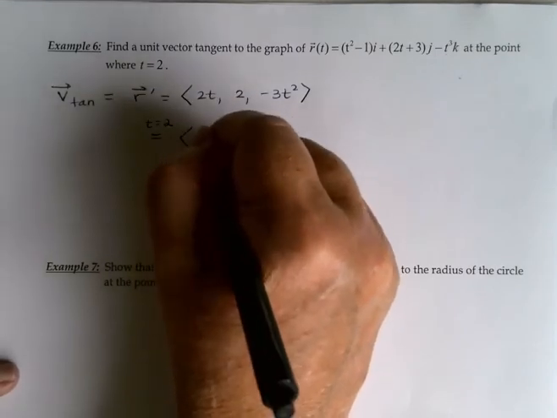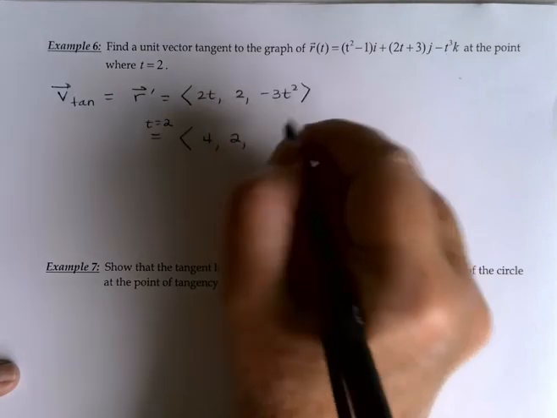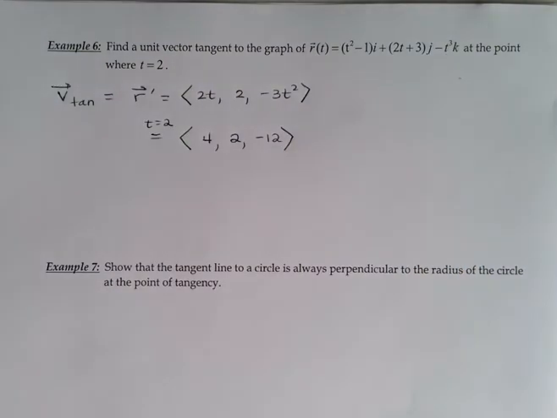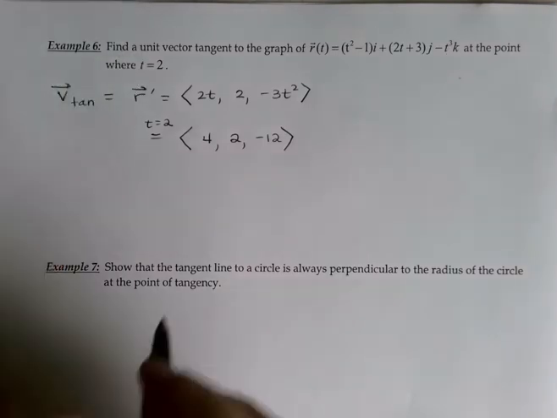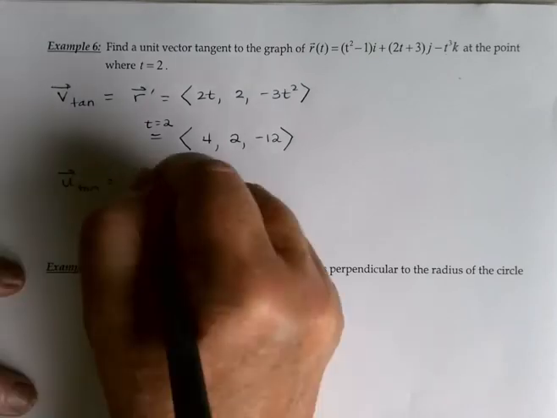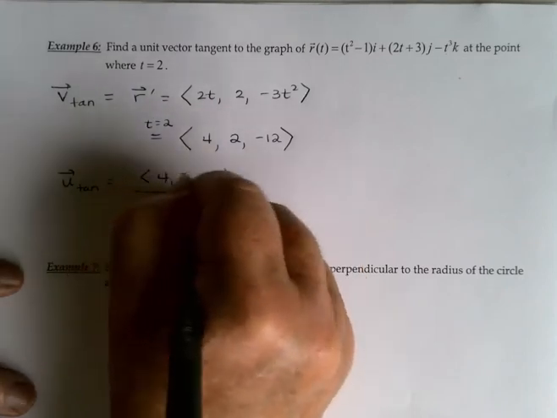So if I plug in 2, I'm going to get 4, 2, and negative 3 times 4, or negative 12. Okay. I'm almost there. I have a tangent vector, but the problem asked me for a unit tangent vector, so my unit tangent, of course, I can get just by taking the tangent vector and dividing it by its magnitude.